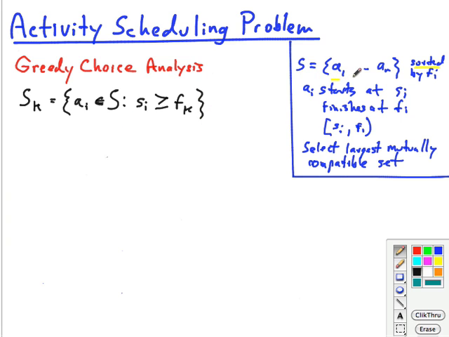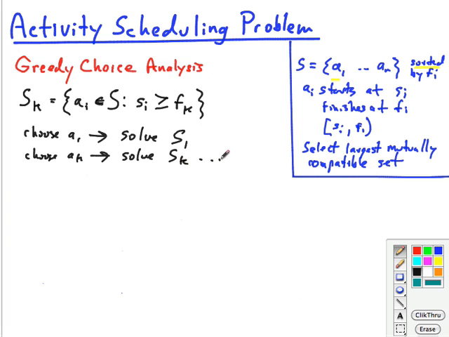So we could actually just write our code to pick a sub 1 and set k equals 1 and then look at the remainder. So after choosing a sub 1, we have to solve S sub 1. And then later on we might choose some other a sub k, then we have to solve S sub k, and so on. Of course, that's what we've written up here.